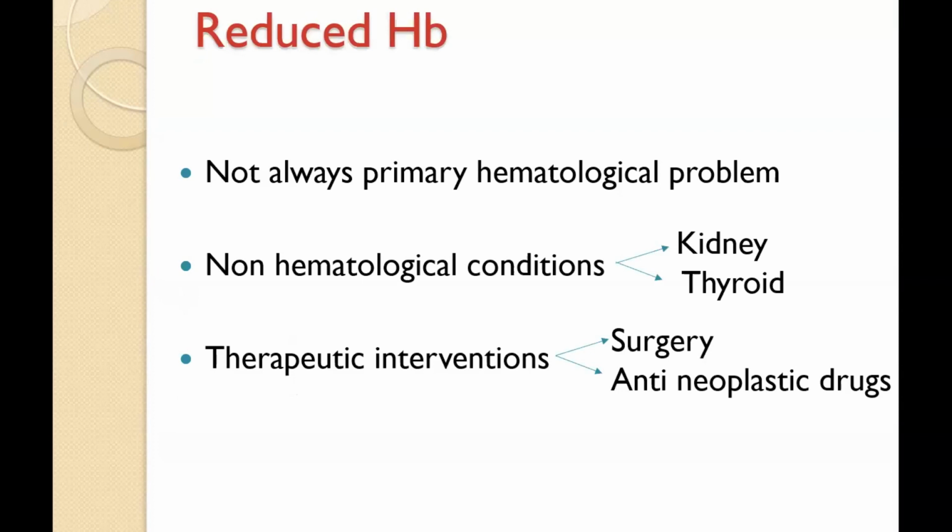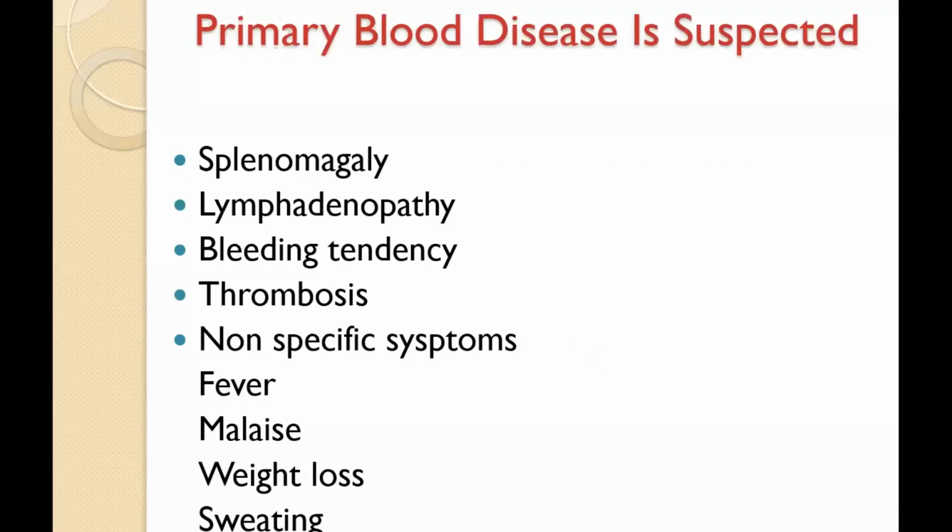Some non-hematological conditions, chronic renal failure, hypothyroidism may cause anemia. Some therapeutic interventions, maybe surgery, antineoplastic drugs. Some other interventions may also cause a decrease in the hemoglobin. When these findings are present, these are more suggestive of primary blood disease.